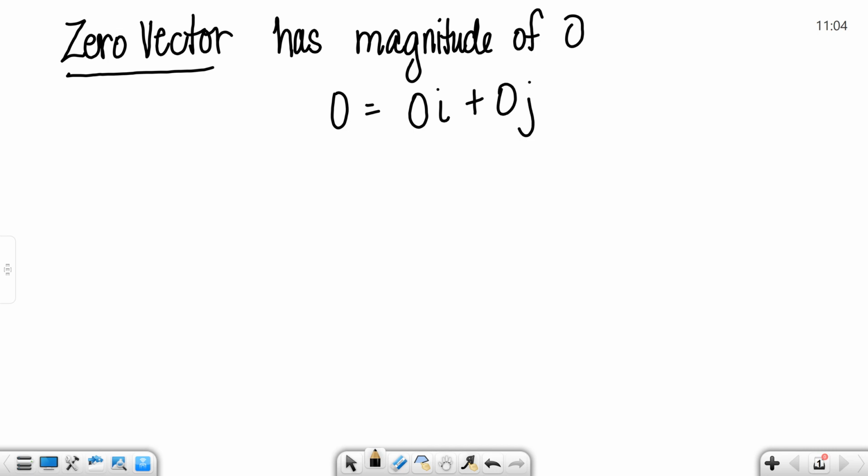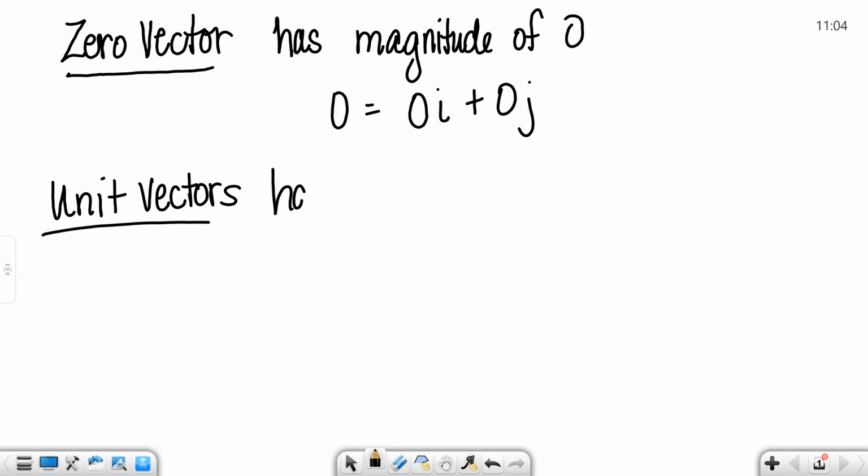That would be our zero vector. Those unit vectors, i and j, that we were looking at earlier, all unit vectors have a magnitude of 1. Okay, all unit vectors have a magnitude of 1.